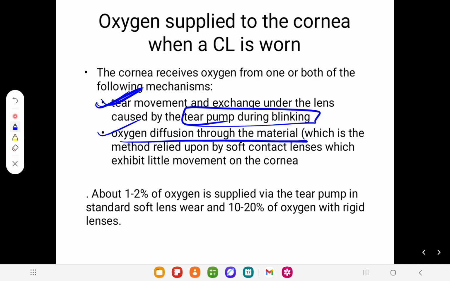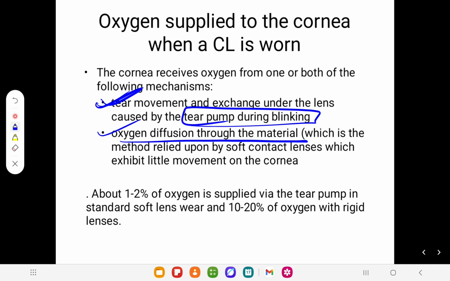Yes, we want the tear pump there, because its function is not just giving us new oxygen, but it has other functions, definitely removing anything trapped under the contact lens, flushing out the old tear and replacing it with a new tear, which is very beneficial.